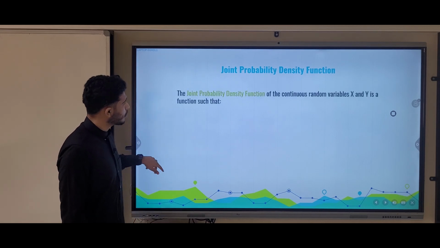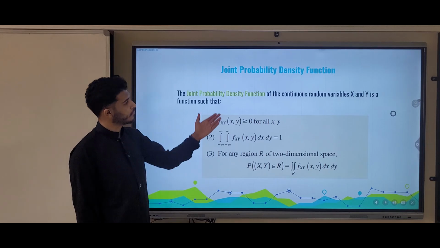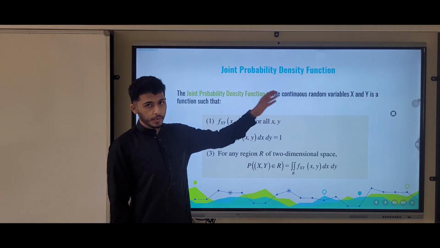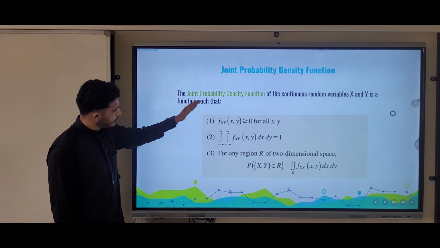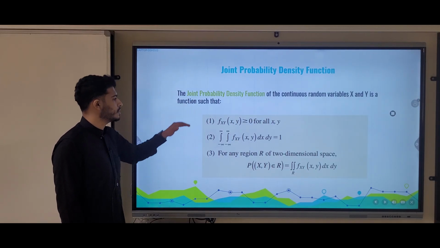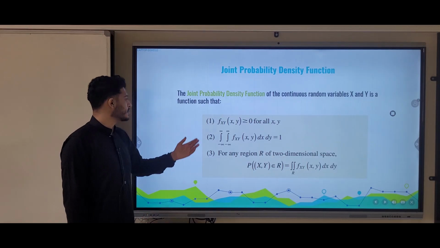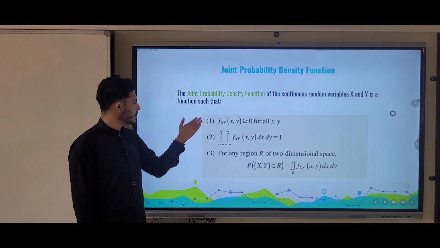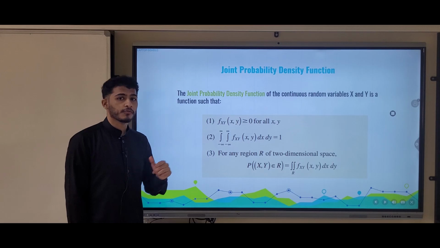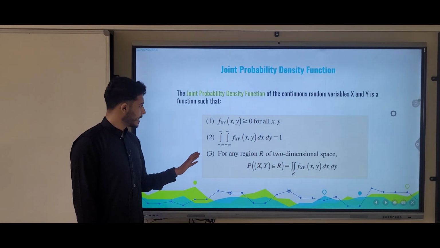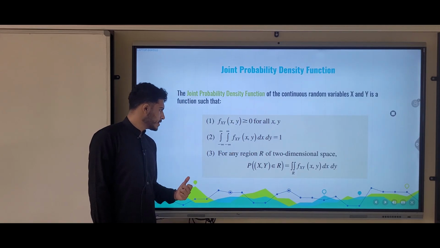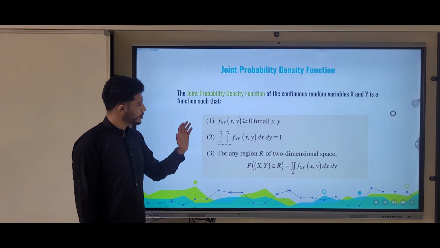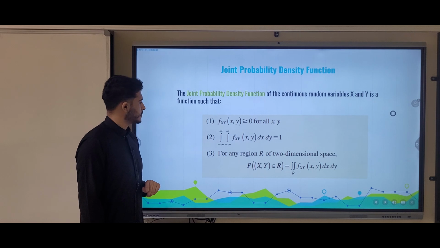So for a function to be called the joint probability density function for variables capital X and Y, of course both of them continuous, it needs to have these conditions met, or let's say properties. So the first one is the non-negativity property. So all values coming from this function are not going to be negative. And also, if you integrate over the whole region of X and the whole region of Y, you should get 1 at the end.